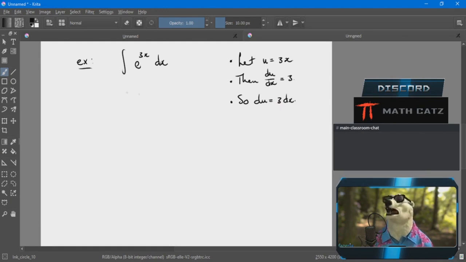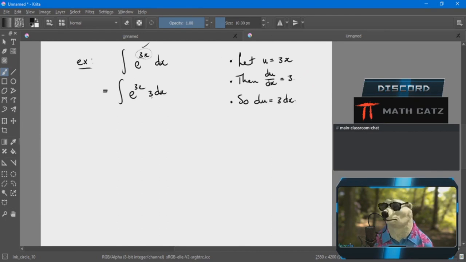Now the first and the last line is the key to telling me what I need to see to bring in all u's. I need to see a 3x. Okay, sure. That guy is my 3x. Good. But I also need to see a 3 and a dx. I don't see a 3. So I'm going to bring in a 3 because my right side key tells me what I need.